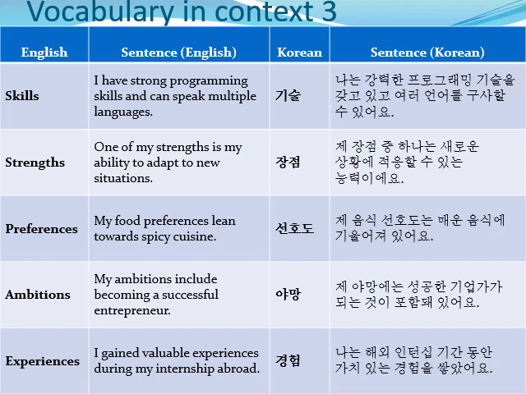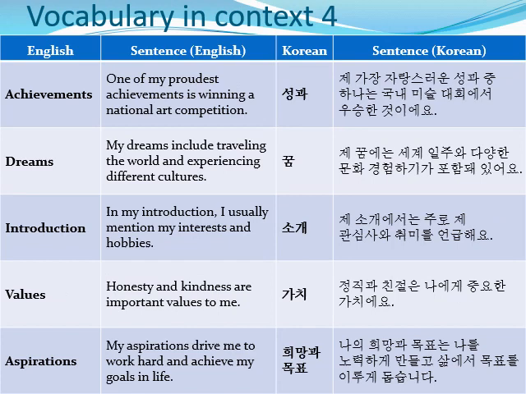Ambitions. My ambitions include becoming a successful entrepreneur. Experiences. I gained valuable experiences during my internship abroad. Achievement. One of my proudest achievements is winning a national art competition. You can be proud that you achieved getting into Namseoul University.